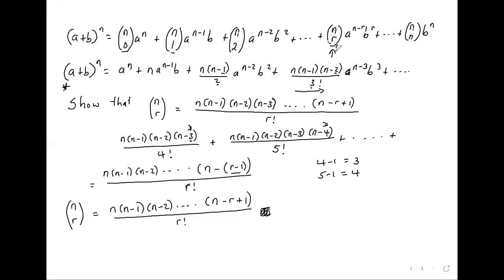So if you follow the pattern from 1, when we have n minus 1, here there will be 2. Now you can write that one as 2 minus 1. When we have 2 here is 3. You can write 2 as 3 minus 1.